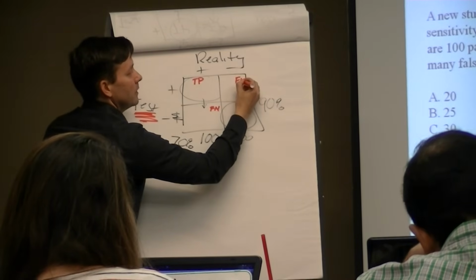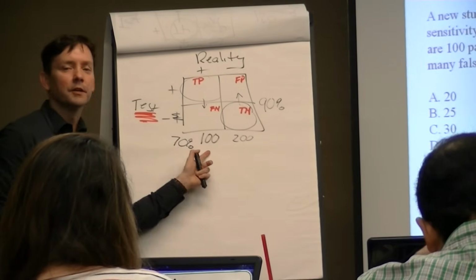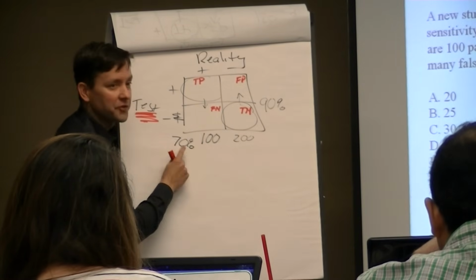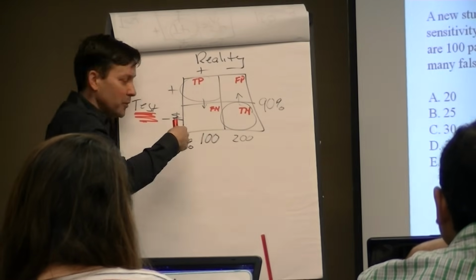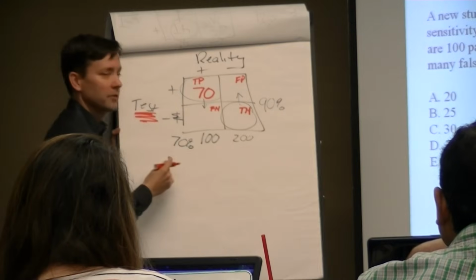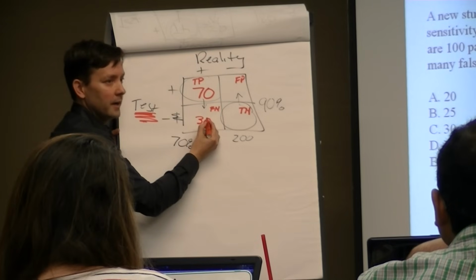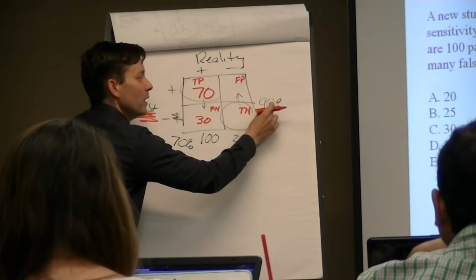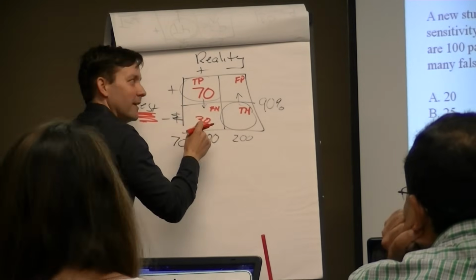Test was positive, false positive. So let's think about this. If I got 100 people here, and something over that number makes 70%, what number goes here that makes 70? Then I can say, oh, okay. So what number goes there? You kind of go backwards a little bit. Now let's just keep going a little bit. This number is 200. Now, what makes this 90%? Don't get caught in the trap. What goes here?